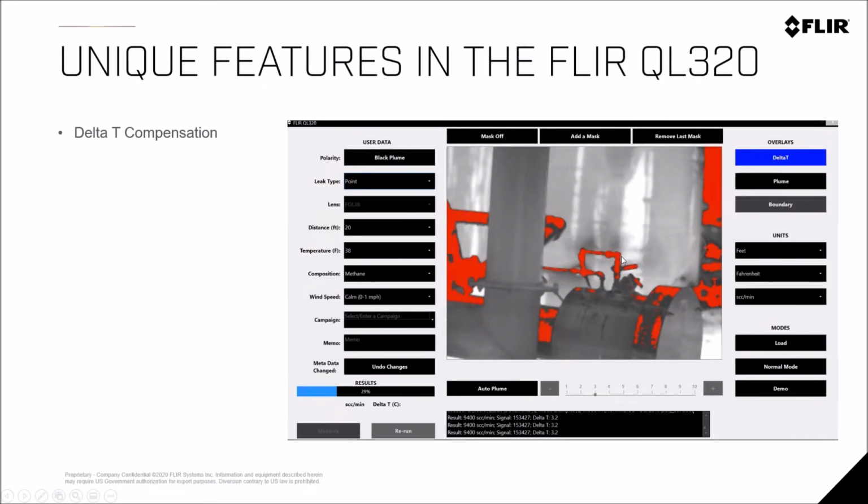What that means is when the QL320 begins calculating the quantification of the video or the scene that it's looking at, it will exclude any pixels associated with a red background area, because it knows that there is not a minimum of 2 degrees C delta T to calculate that quantification number correctly.